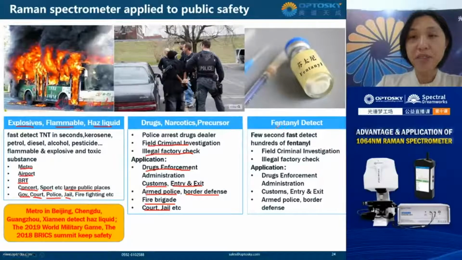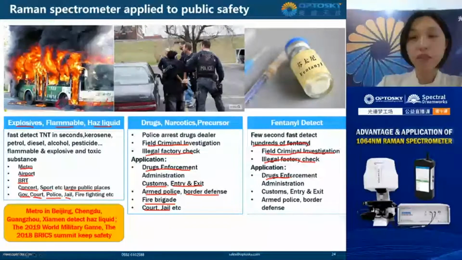And fentanyl detection is very popular in police identification, because fentanyl has many categories. So we can use the Raman spectrometer in field criminal investigation and illegal factory checks.